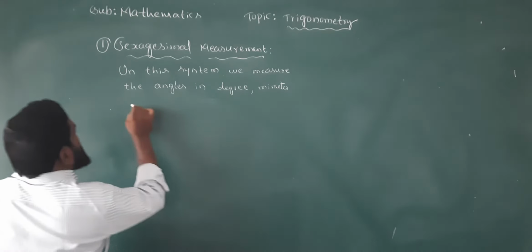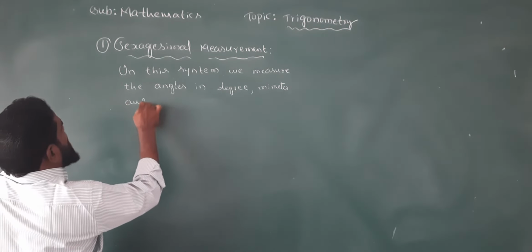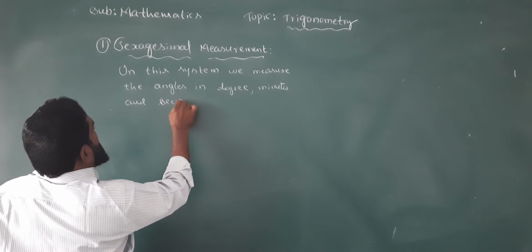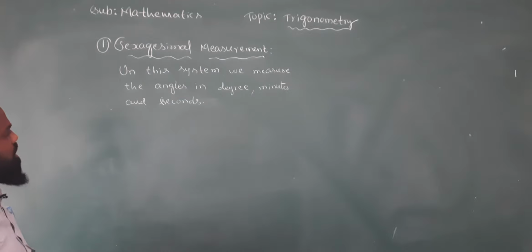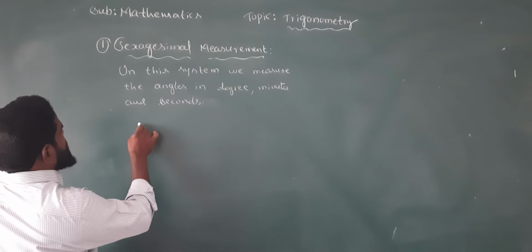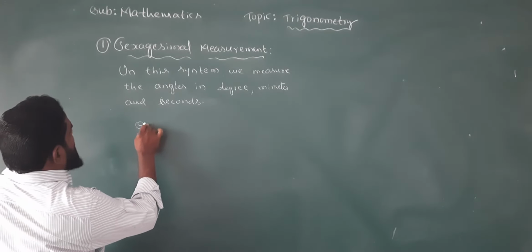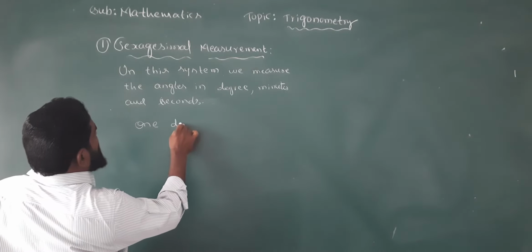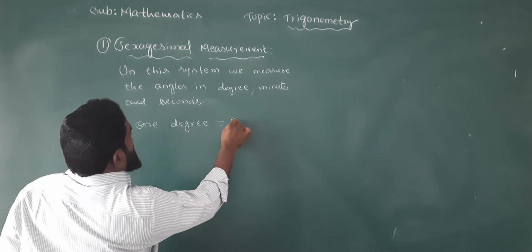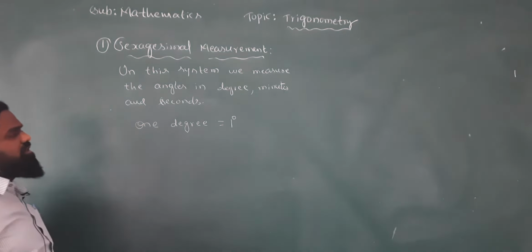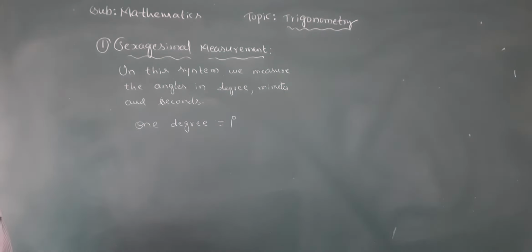Minutes and seconds. We measure like this. One more important thing, 1 degree is denoted by a small circle written like this. Read as 1 degree. Understand?